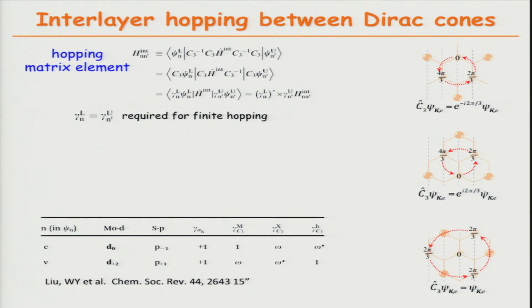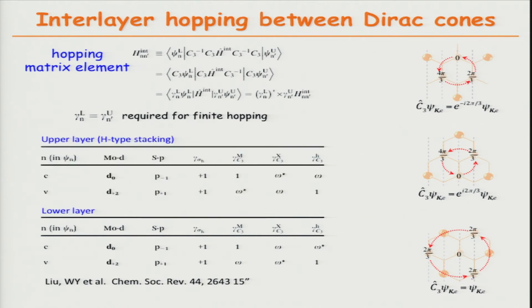But as we mentioned, because these wave functions are now located at the valley, you have to consider these phase factors corresponding to the momentum at the Brillouin zone corners. And that depends on the choice of the rotation center. And the fact that you can stack the 2 layers differently means that you would have different interlayer coupling channels.